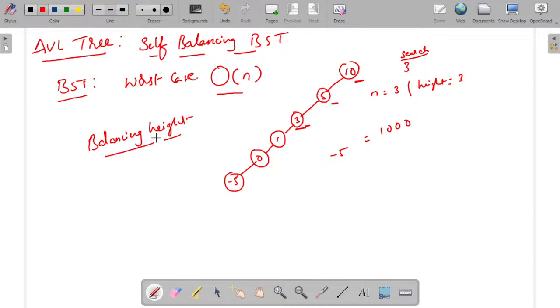So how do we balance a height is some important question. So to balance the height of a tree, let us say the previous example that I've taken. So we have 10, 5 and 3. So if you balance the height of a tree into this, so here if you try and search 3, how many number of comparisons are we going to make here? We are going to make only 2 comparisons. So first we will search with 5 and then we'll search with 3.